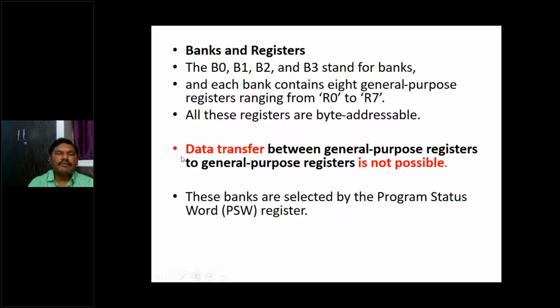Every bank is 8 bytes only. Here I have given it in detail. Why? Because data transfer from general register to general register is not possible. In 8086, memory to memory is not possible, whereas in the case of 8051, register to register is not possible. That we will see in addressing modes.